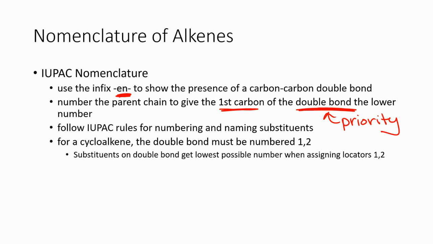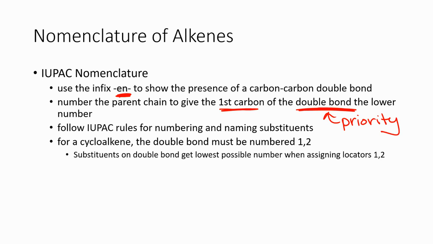Sometimes that can result in a shorter chain than might overall be present. So again, we have to bridge over both carbons of the double bond. And so sometimes our parent chain is not the absolute longest carbon chain that's present, but it's got to be the longest carbon chain bridging over both carbons of the double bond.